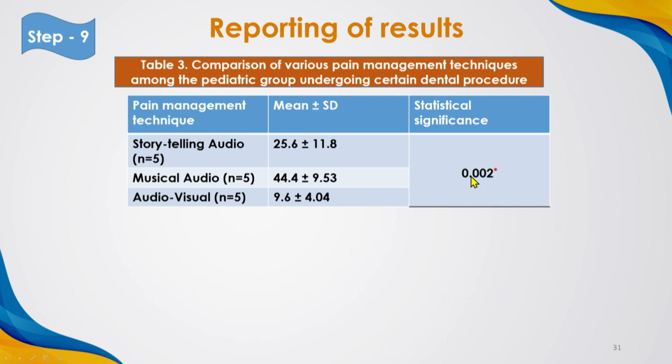If your p-value is less than 0.05, you are going to reject your null hypothesis. So, in our example, the p-value is 0.002, which is very well less than the alpha level 0.05. So, we are going to reject the null hypothesis and conclude that there is a difference in the 3 pain management techniques.